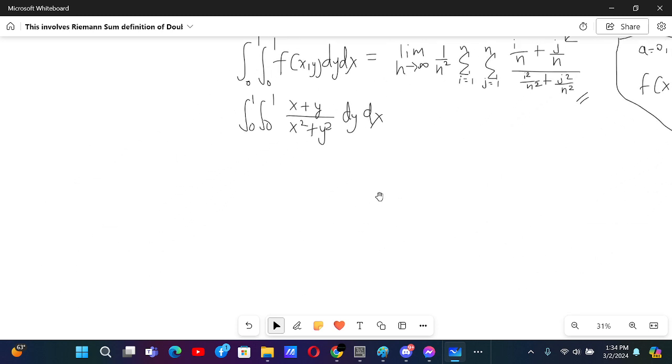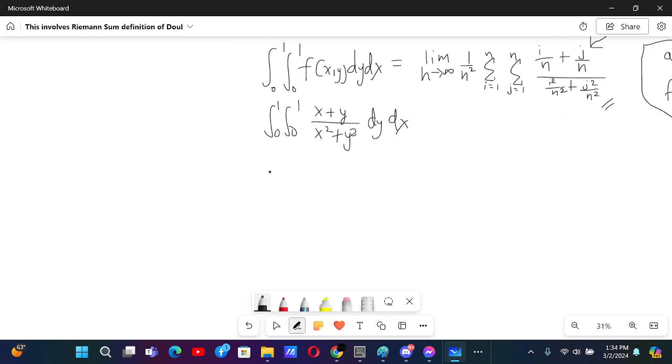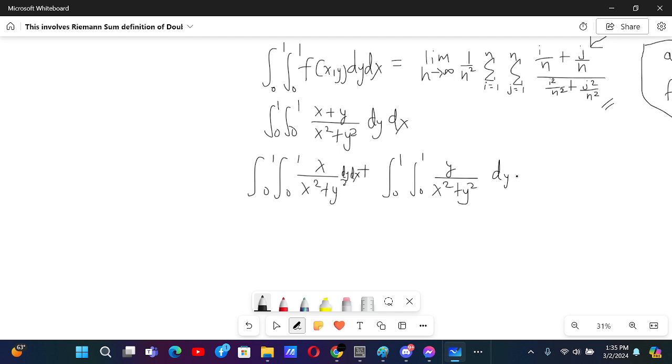Now to solve this, we can first note that I can break this into two integrals, okay? Integral from 0 to 1, integral from 0 to 1, x by x square plus y square, plus integral from 0 to 1, integral from 0 to 1, y by x square plus y square, and over here it's dy dx, over here that's dy dx.